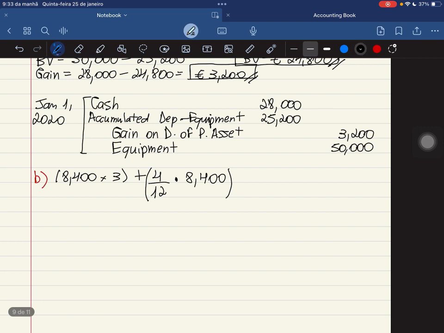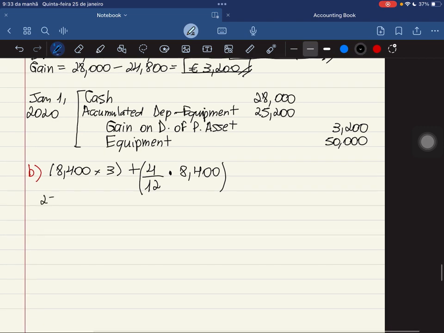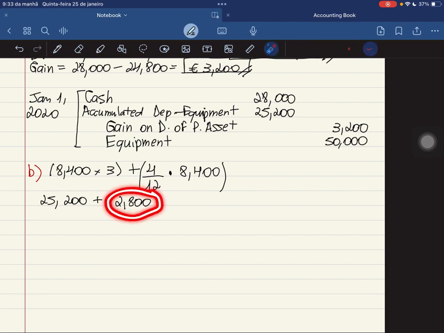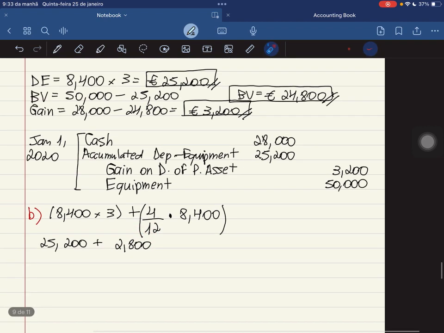Over here, this is 25,200, and we're gonna add to the other value. Okay, this is approximately 2,800. This number is important. Why is that? Because this is the depreciation of the full 3 years, right?